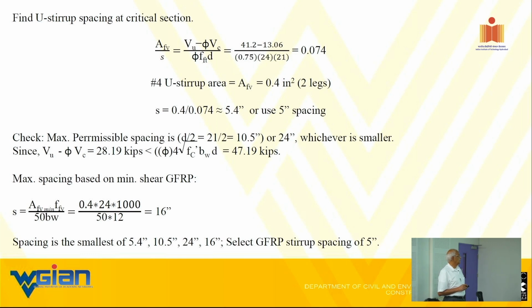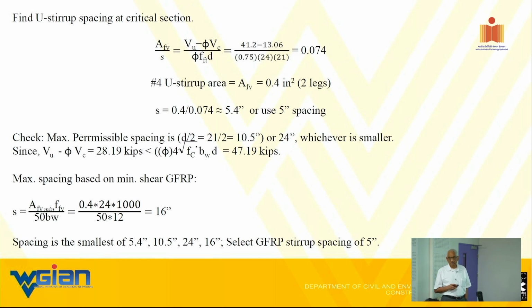Check maximum permissible shear; this is what needs to be checked, whichever is smaller. And the maximum spacing based on the minimum shear. This is a check, that is the max spacing. And if your stirrup spacing based on this comes out to be larger, this would control the section. But typically, this equation controls the shear reinforcement.